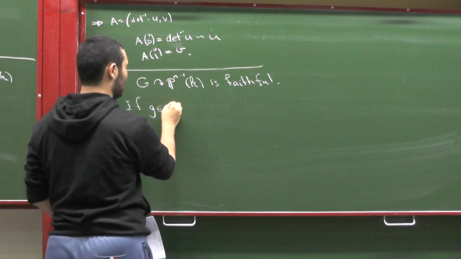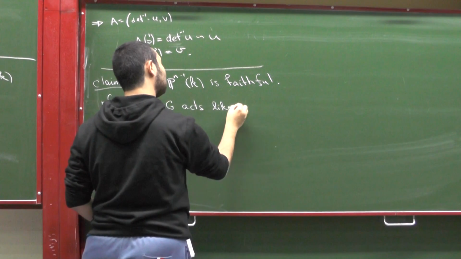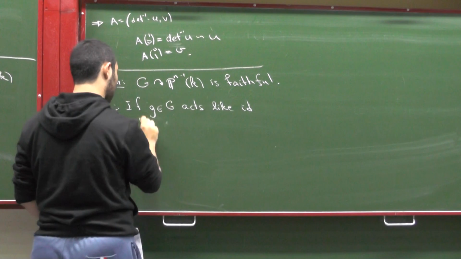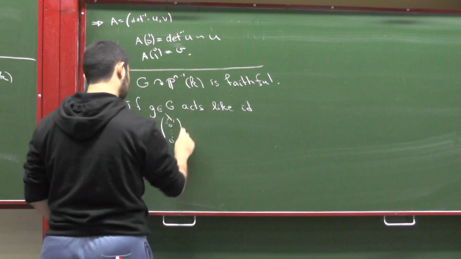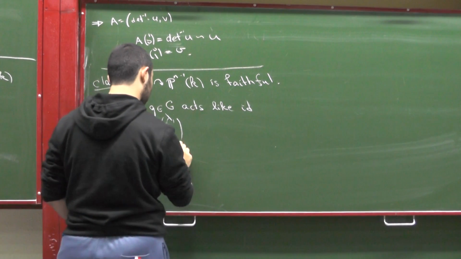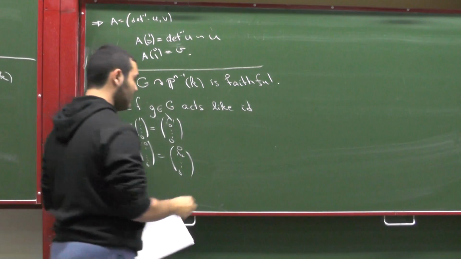If g in G acts like the identity, then it takes (1,0,...) to some scalar multiple of it, and similarly for the other basis vectors, some scalar multiple of each.